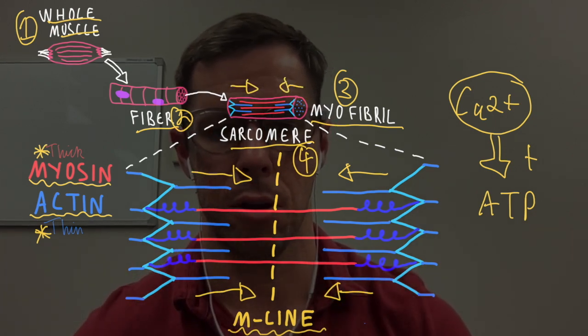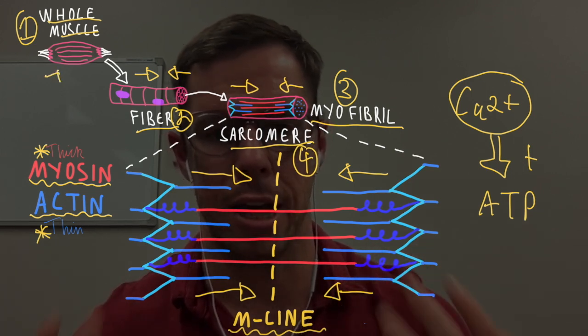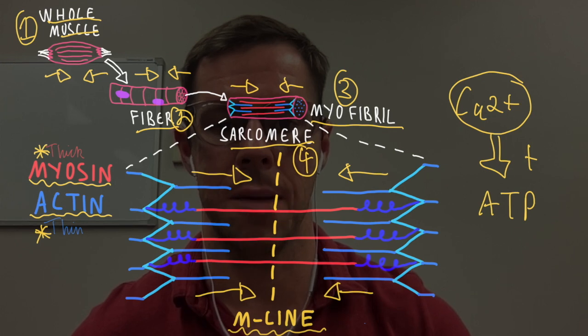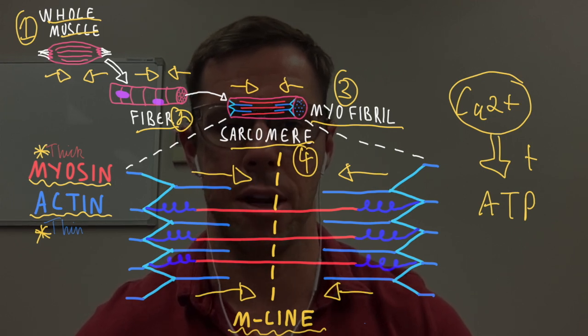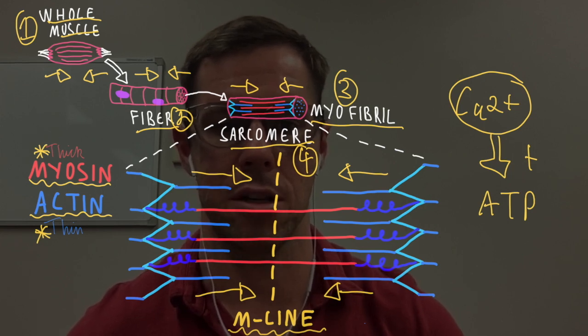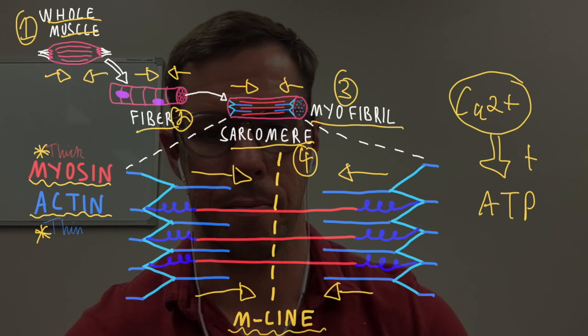Overall, the process of muscle activation and contraction is known as excitation-contraction coupling. The end plate potential and depolarization of the muscle membrane is excitation, and the actin and myosin interactions, or cross-bridge interactions, are the contraction.